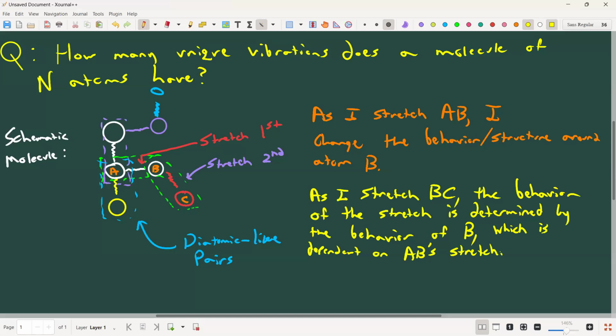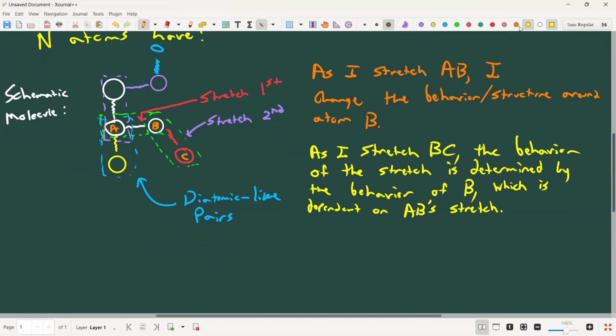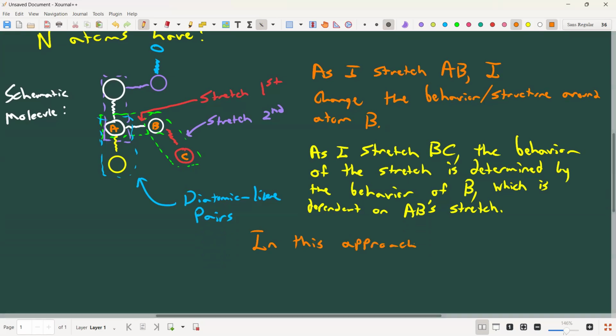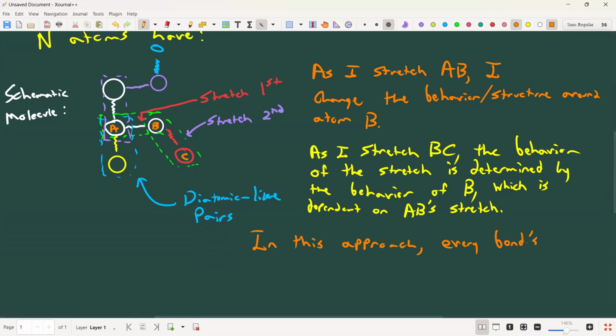Right? So in this approach, you could just kind of logically extend this, right? It just kind of propagates through the molecule. Every atom is dependent on every other one. Every bond's vibration depends on the others locally.